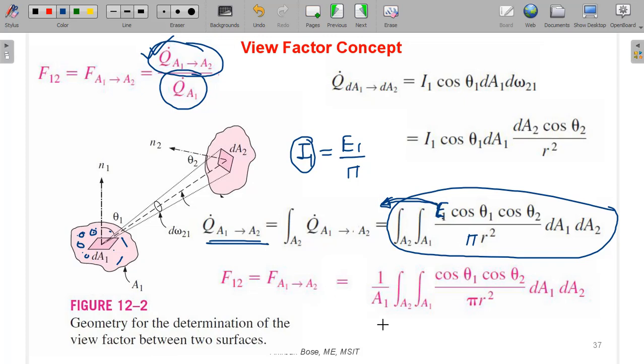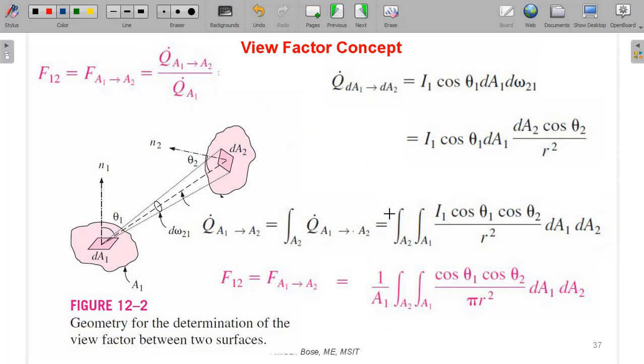Now you see this is the expression then. So the expression becomes E1, and then I1 will not be there, and there will be pi r square. Now if you divide by Q dot A1, how much is the total energy coming out from this?